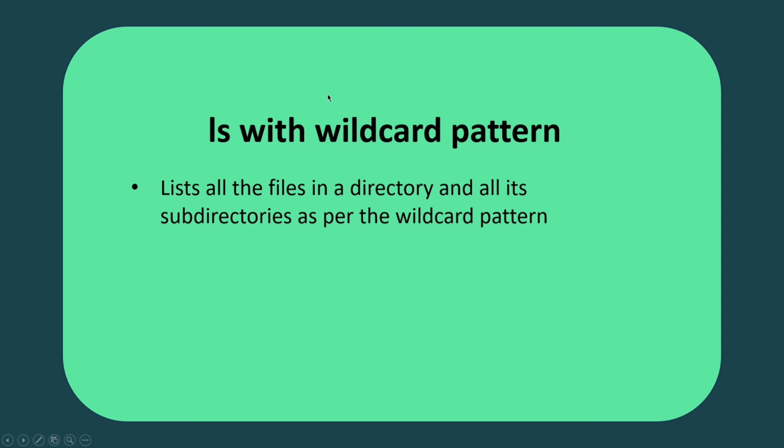This is what this pattern means. And once I type enter, you see it returns a list of names, and we can see that for all the names we have got this file keyword in between. So this is what ls with wildcard pattern does.